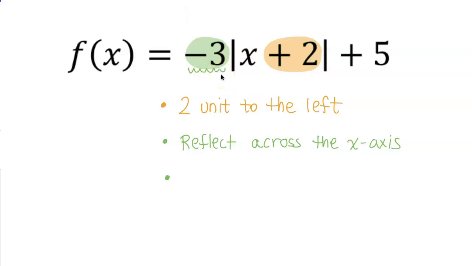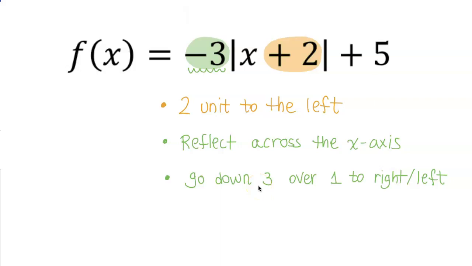So looking at that -3, I will go down 3 over 1 to each side, right or left, because remember, absolute value functions are symmetric. If you go down 3 and 1 to the right from the center point, you must also go down 3 and 1 to the left from the center point.